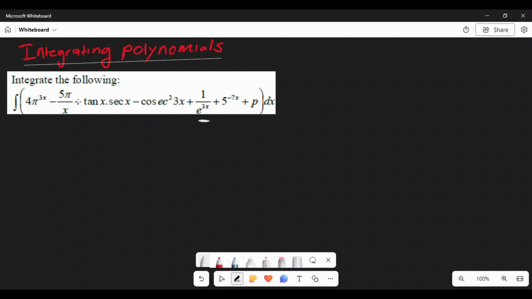We cannot integrate this polynomial with this term not simplified. So the best way is to simplify this term before we integrate any of these terms. So when you simplify guys, remember the sigma remains on the equation, as well as dx. So we're gonna rewrite each and every term that is ready and simplify the one that needs to be simplified. Right, so let's start with the first term.